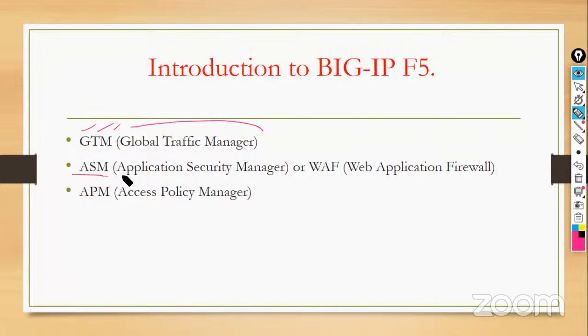Similarly we have ASM, the Application Security Manager, which in F5 terms we call Advanced Web Application Firewall. Here you can protect your application from DDoS attacks or unwanted threats, right? We also have Access Policy Manager, and we also discuss SSLO and other modules as well, right? But as we discussed, we are covering only the LTM module, right?